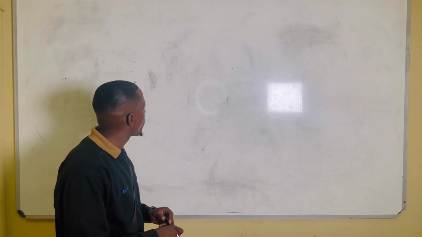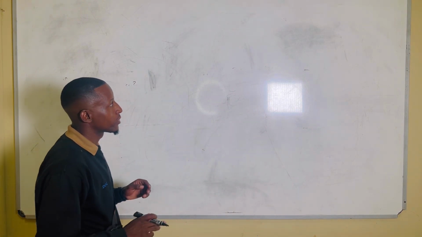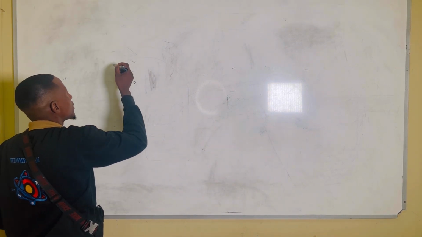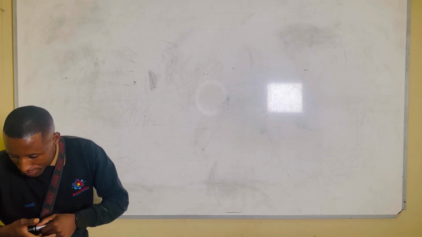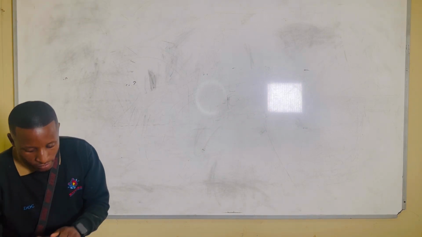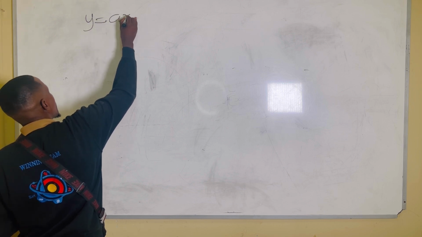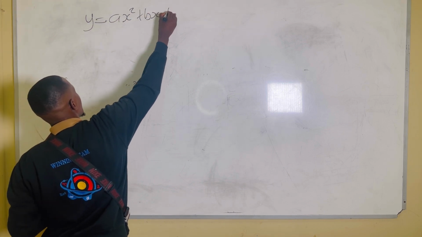All right, moving forward, now we are going to get into the part where we are moving from the equation y equals ax squared plus bx plus c.